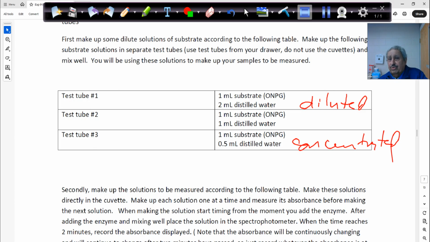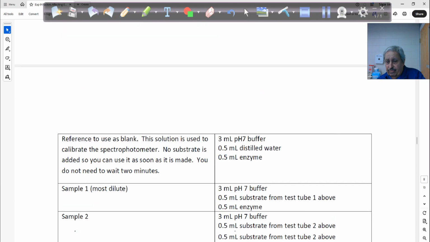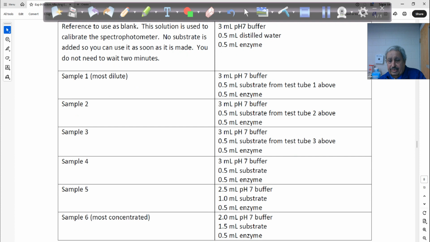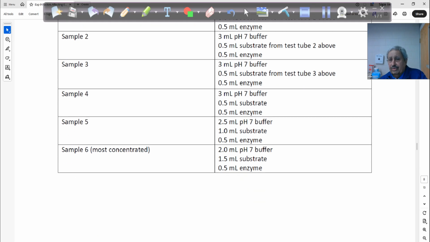So then you have this one here, and you will make your mixtures for this. Those are the mixtures, those are the test tubes here. The blank here, this is the blank. The first one is always the blank, and then you have all these concentrations, and then you measure what?